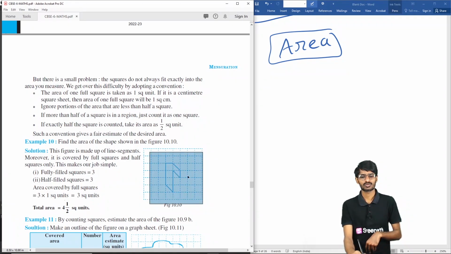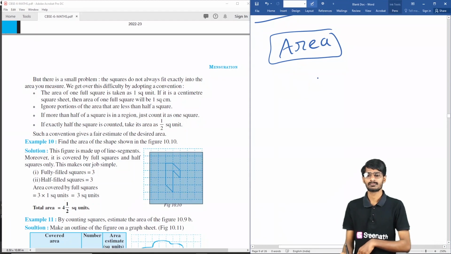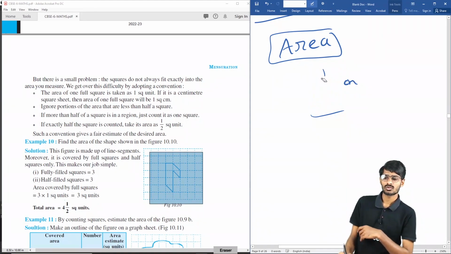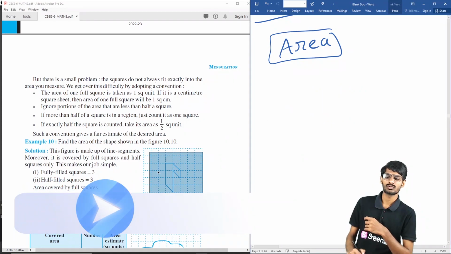Have you seen this paper, students? Square paper. It is like that. Each square occupies 1 centimeter length and 1 centimeter breadth. So you have to get a square paper like that.